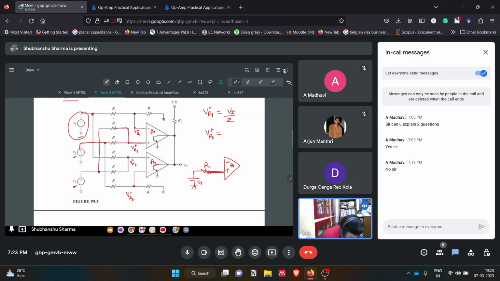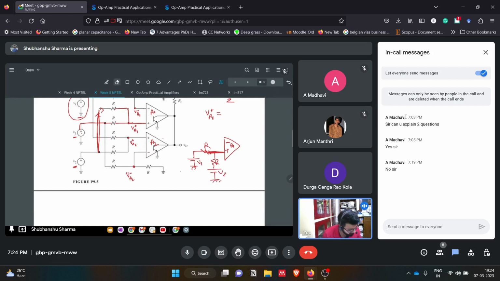Then V2 is being fed from this point. This is the V2 point, and V2 has another resistor. Till now, I think, fine.